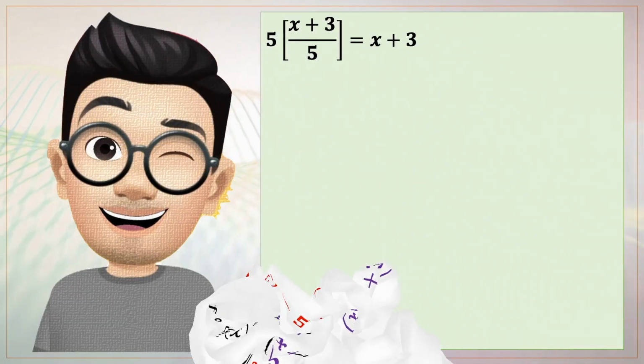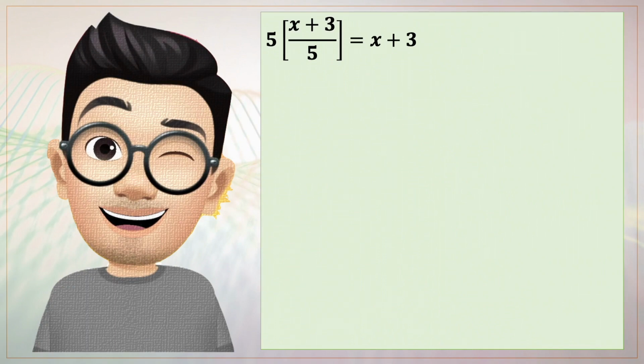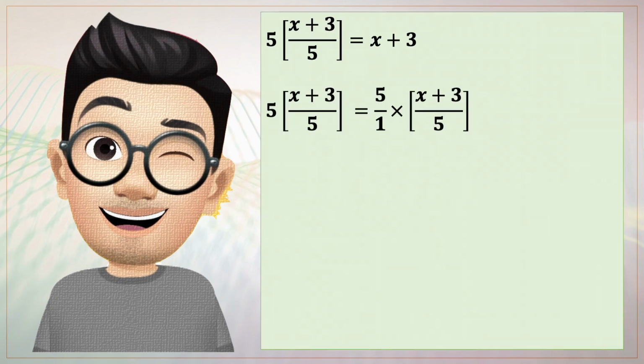One of the explanations why 5 multiplied by x plus 3 all over 5 became x plus 3 is because we are multiplying two fractions here. 5 over 1 and x plus 3 all over 5. It is 5 over 1 because it is a rational number.